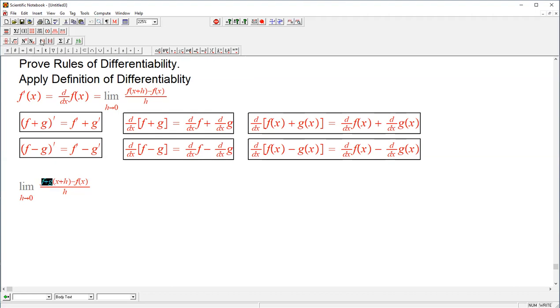of x. So this is going to be f plus g of x. Of course, we understand f plus g of x is equal to f of x plus g of x.